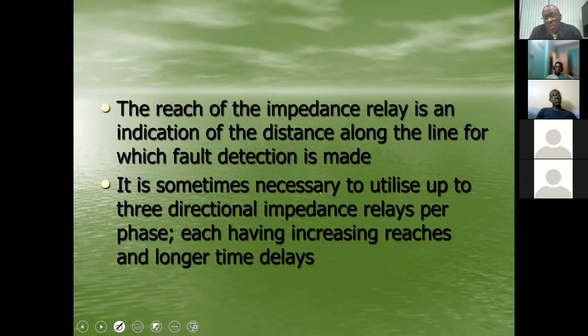As a matter of fact, some of those relays give you the option of not only distance, but overcurrent protection. So the cost for your relays is therefore much less.